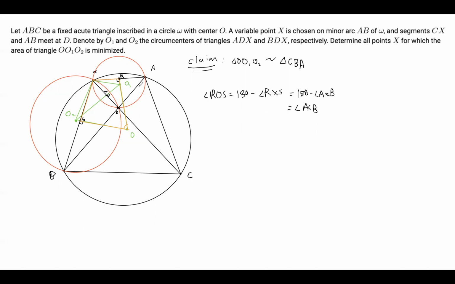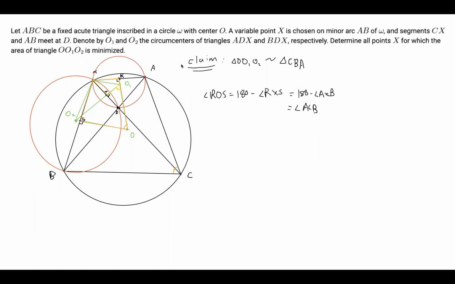Okay, now we take a look at, first let me mark this angle in orange. And I'm going to take a look at this angle, OO1O2, which I will mark in yellow. And in particular, then I'm going to look at this quadrilateral, XRO1T, this one, right?